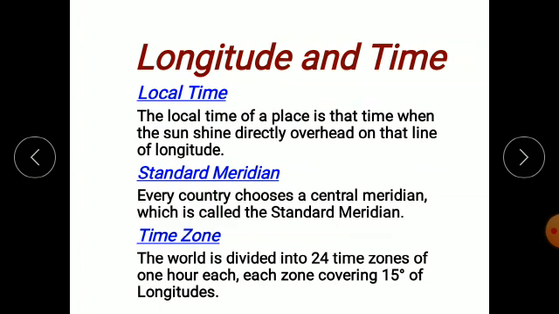This time is called the local time. As the earth rotates from west to east, places east of Greenwich will be ahead of Greenwich time, while places west of Greenwich will be behind it.